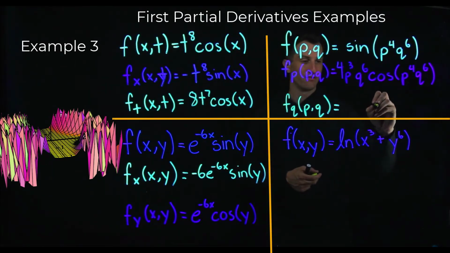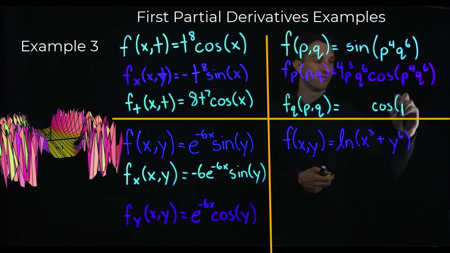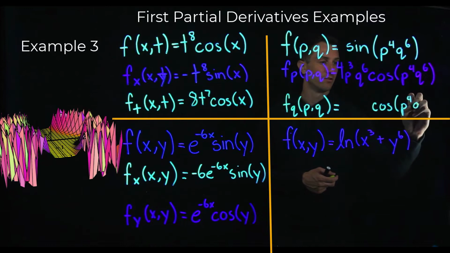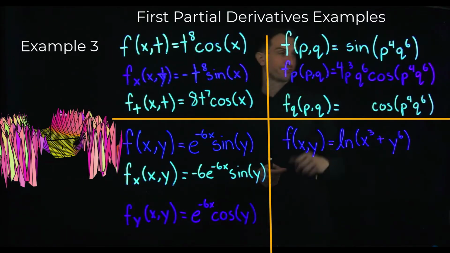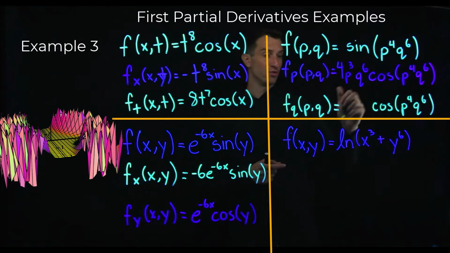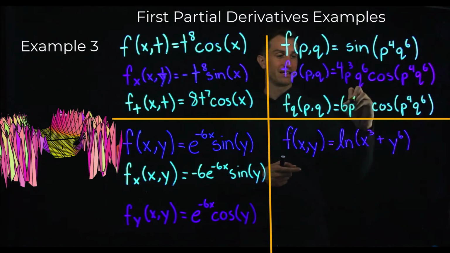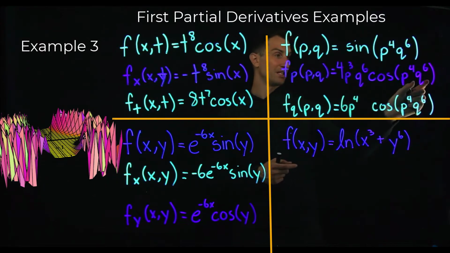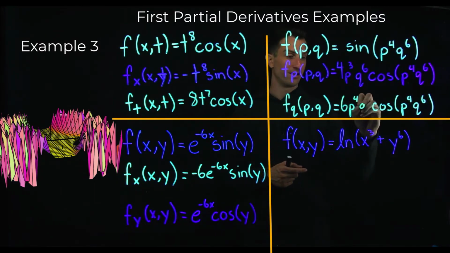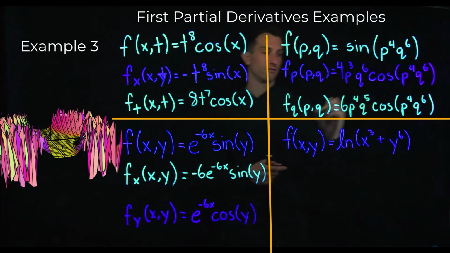So the outside function will be cosine, leaving the inside alone for right now. And the derivative of the inside with respect to q is going to be 6. p to the 4th is a constant hanging out, and we have the rest of our power rule here, q to the 5th. Awesome.